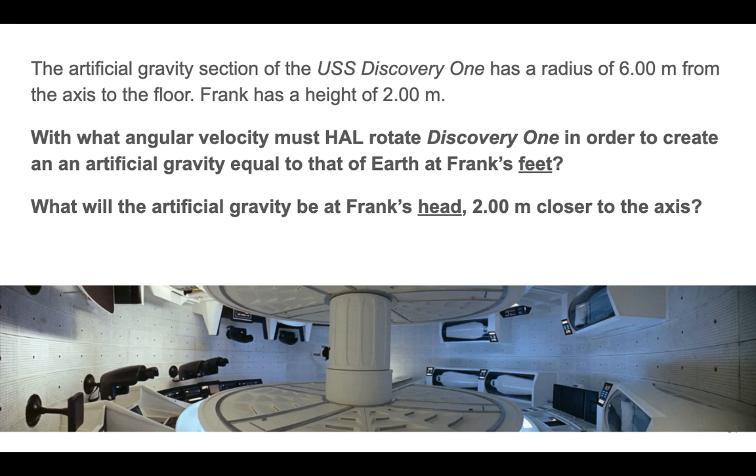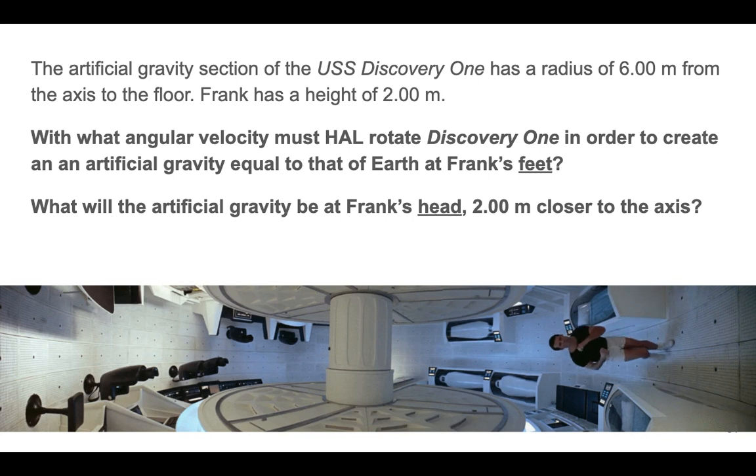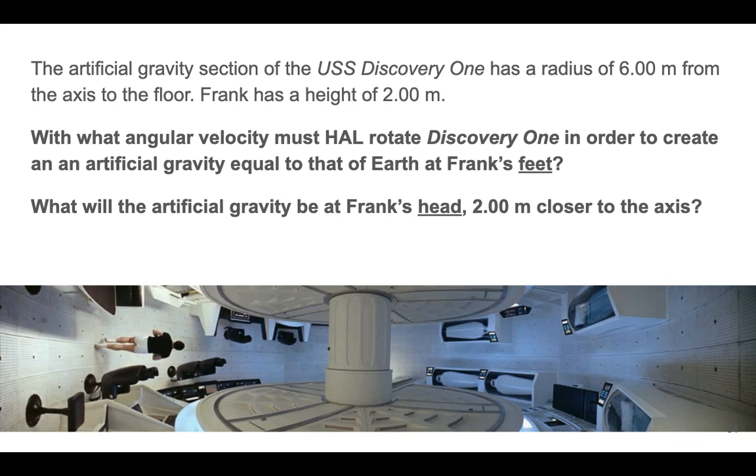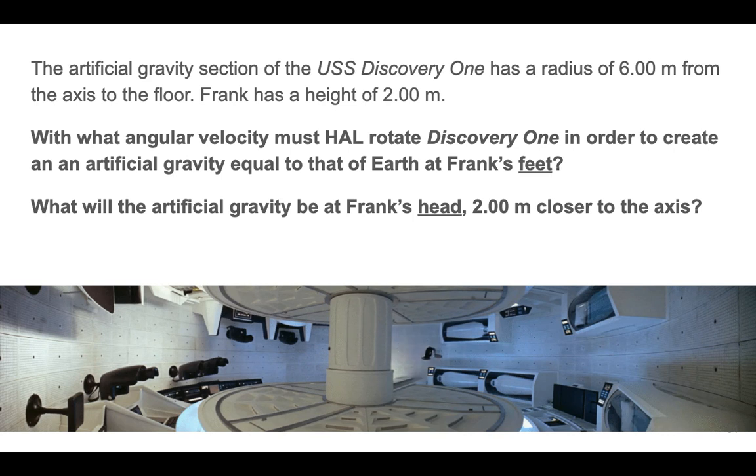HAL is a wonderful character. And then if it rotates the spaceship at that angular velocity, what will the artificial gravity at Frank's head be? Because his head is 2 meters closer to the axis than his feet are.